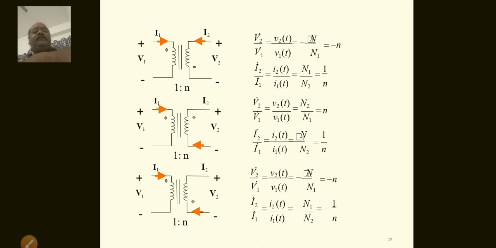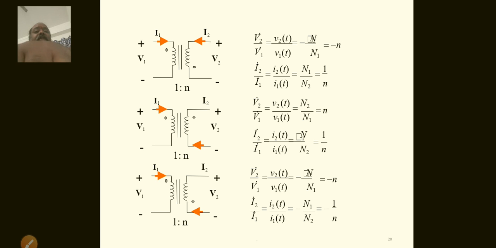So therefore V2 by V1 is equal to minus N2 by N1, which is equal to minus n. Similarly I2 by I1 is equal to 1 by n. So V2 by V1 is equal to N2 by N1 is equal to I1 by I2, which is the minus n here. Similarly, for the second, the ratio of voltage is equal to plus n.